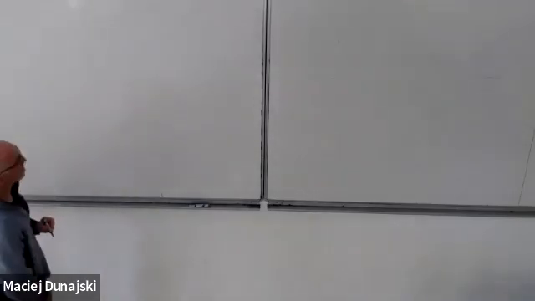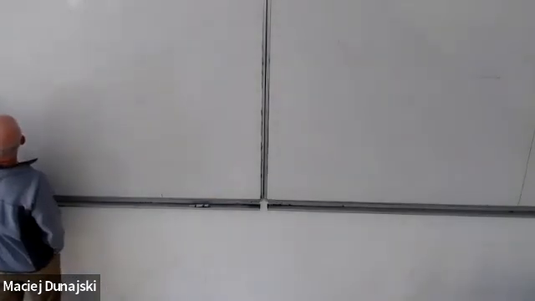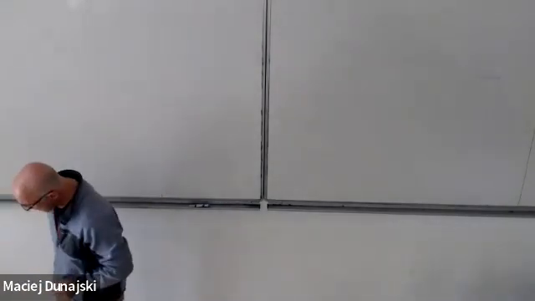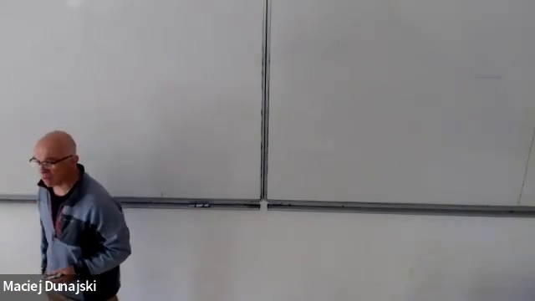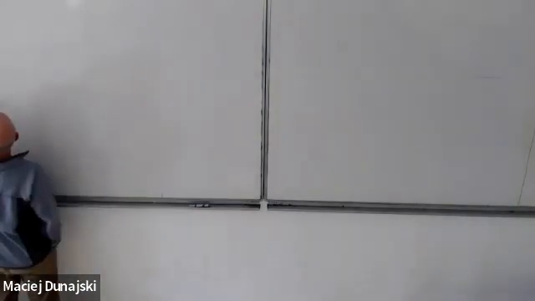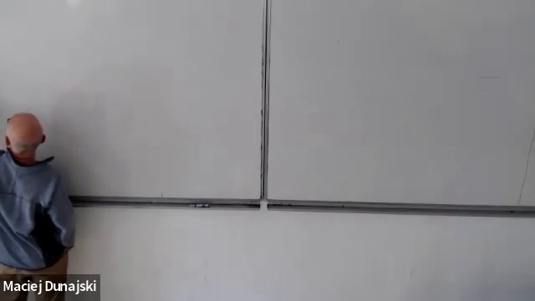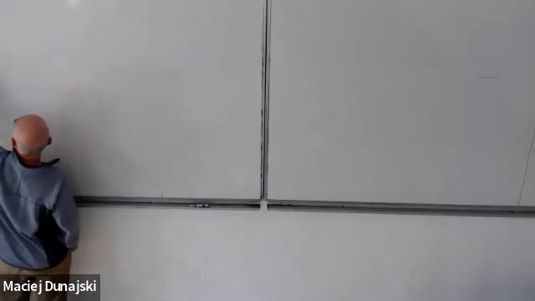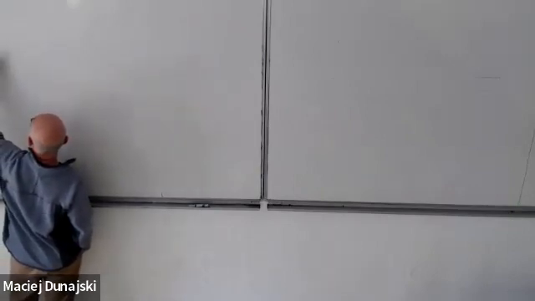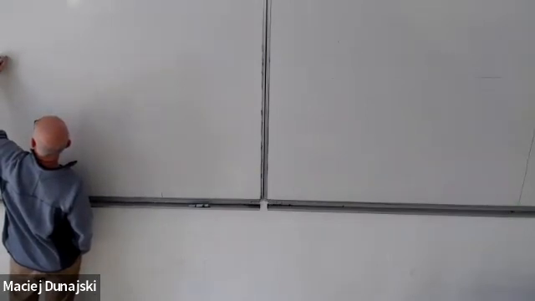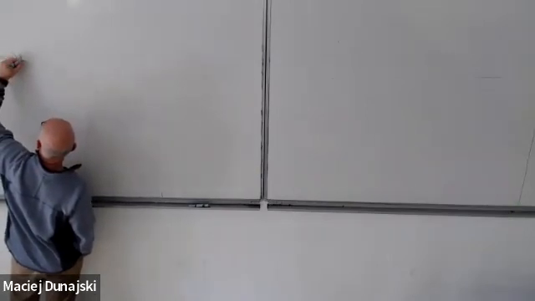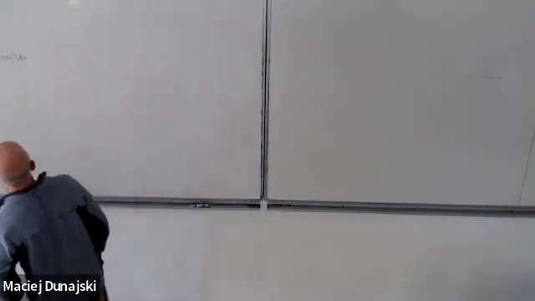Right. Just a recap. We're looking at the problem of extremizing the functional F of y, given by an integral between alpha and beta of some given integrand little f of x, y, and y prime dx.